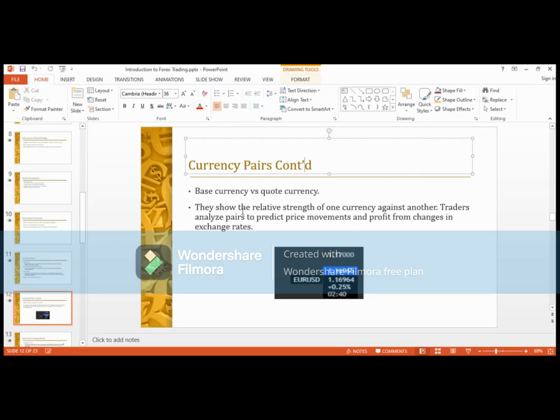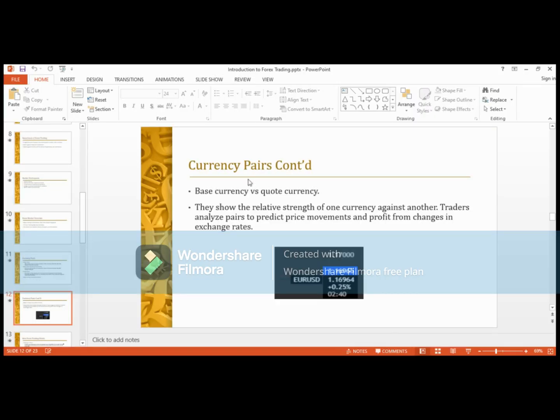Okay, so we see over here that the currency pairs are actually paired. We have the first three letters of the first currency and the second currency. The first currency you see is called the base currency, and the remaining currency is called the quote currency. So whatever currency you see over there is being paired with another currency.